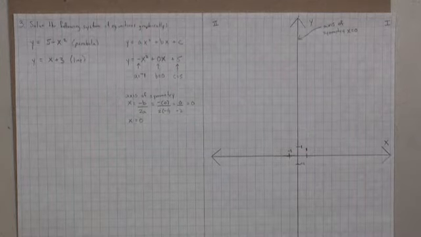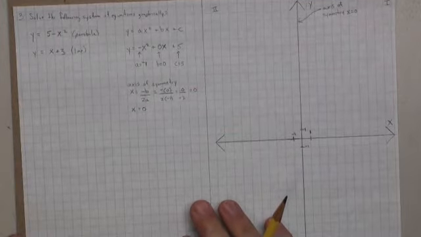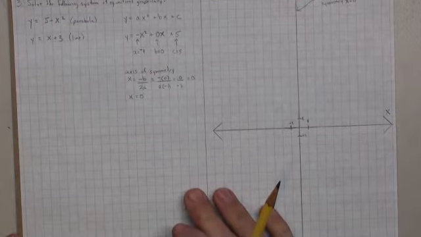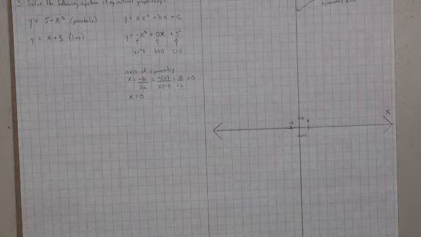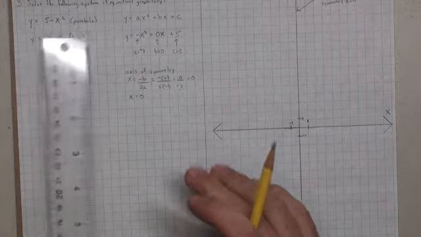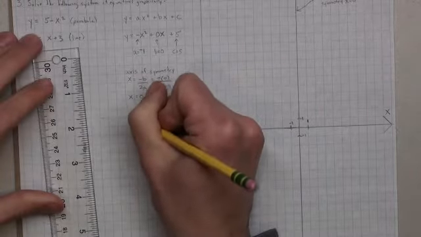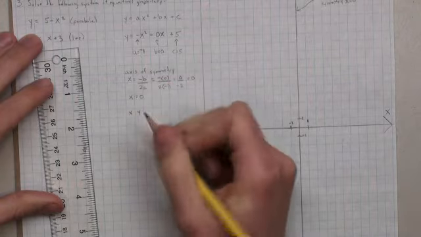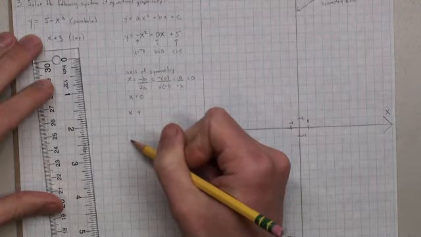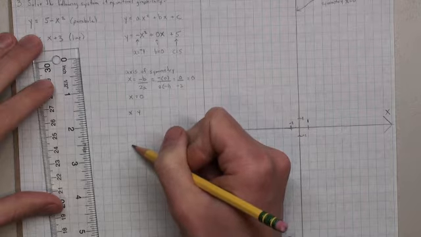Now, we also want to do our table, right? And for our table, we have an x and a y, and then we have 3 spaces above the 0, right here.